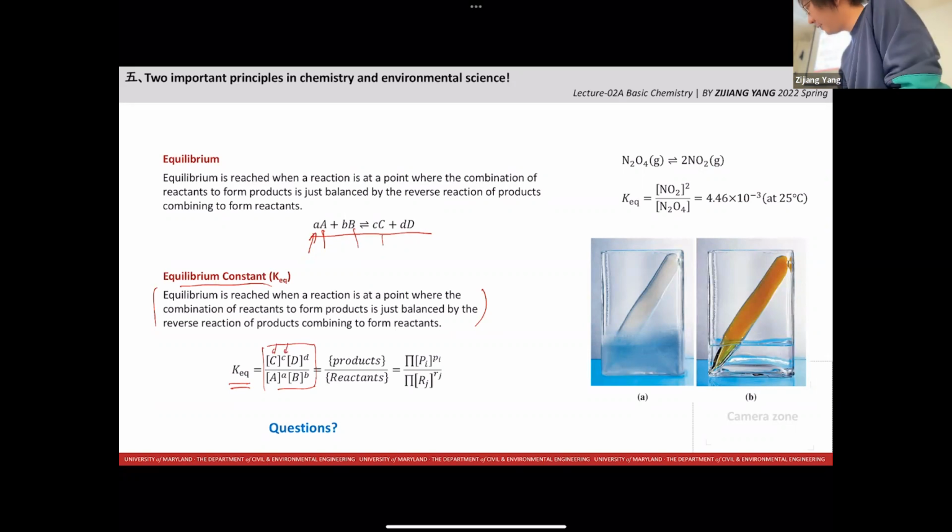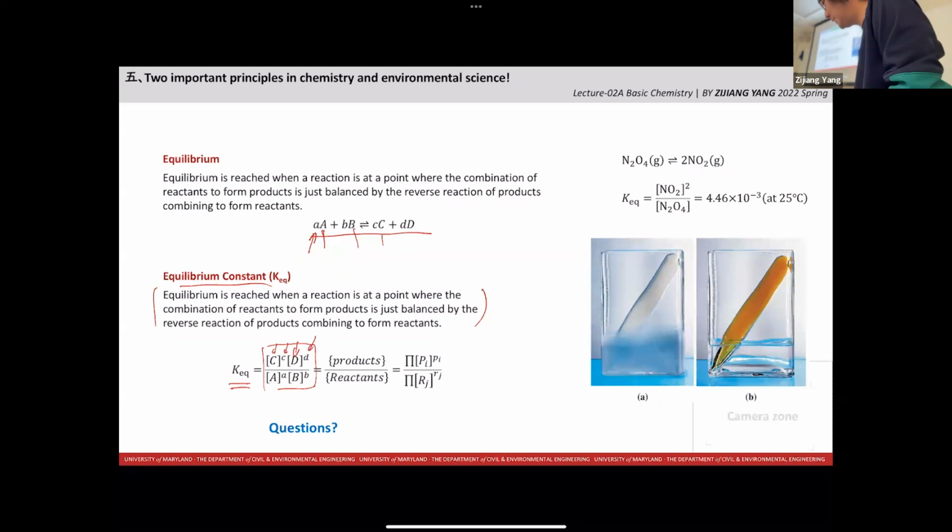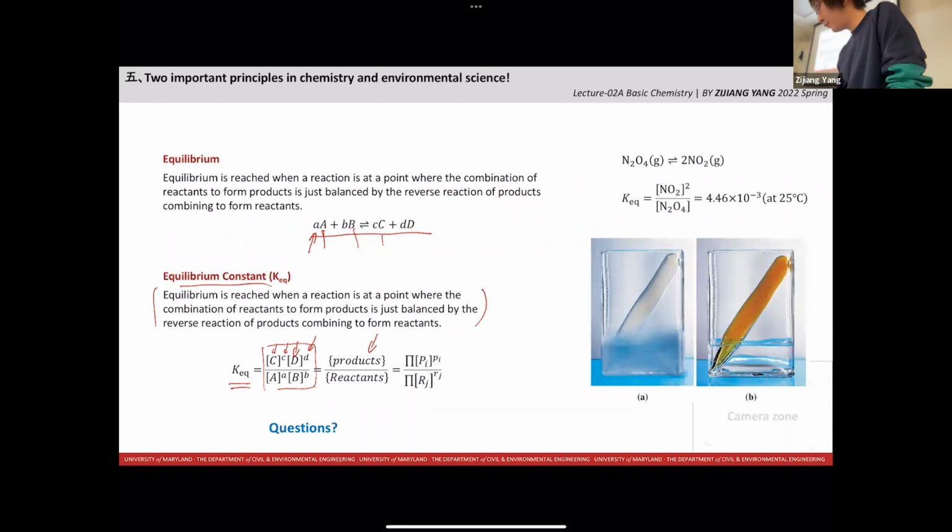And similarly, we have the concentration of one component, and we have its coefficient as its order. So basically, that is the product divided by the reactant. And we also have some coefficients in the front of this.